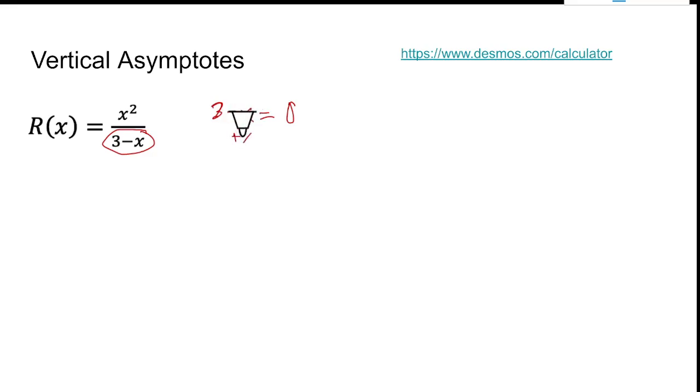We can add x to both sides, and what we get is that 3 is equal to x. What we want to see with this now is that it is a vertical line. If we were to graph x equals 3, here's 3, it's a vertical line. And what we're going to see is this graph coming from one side or the other.